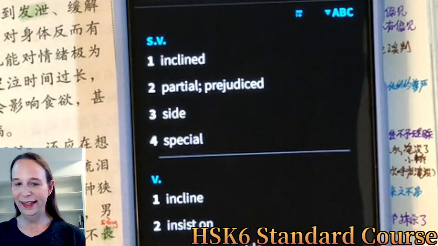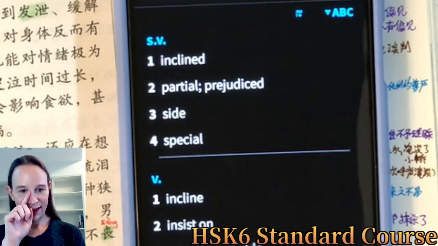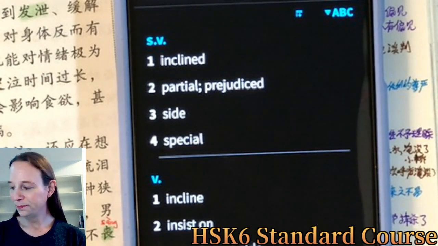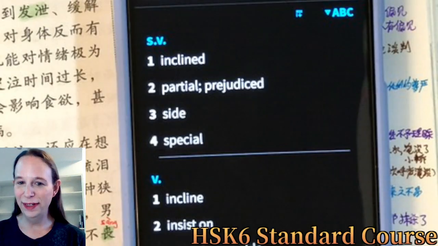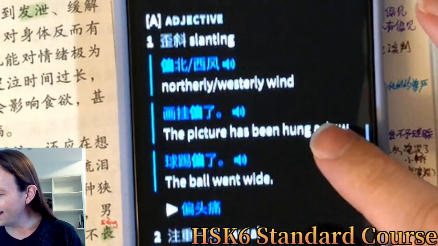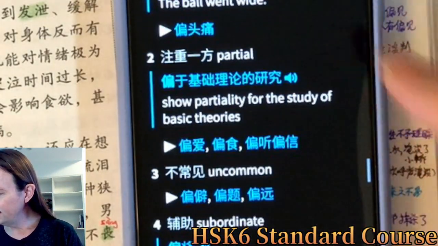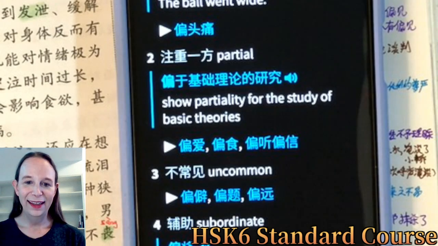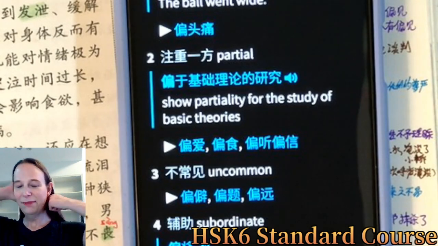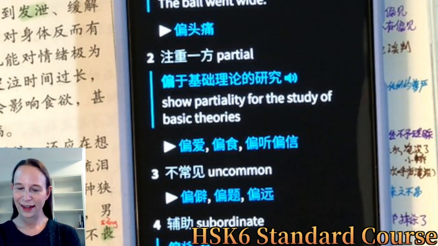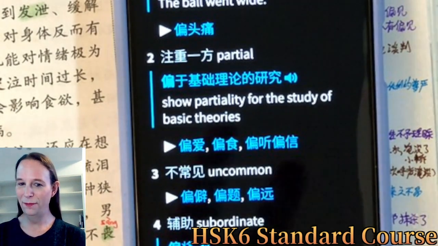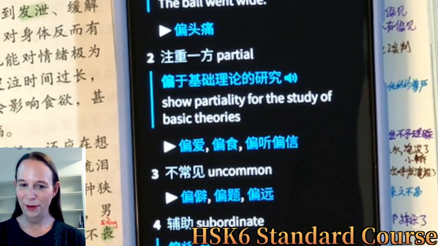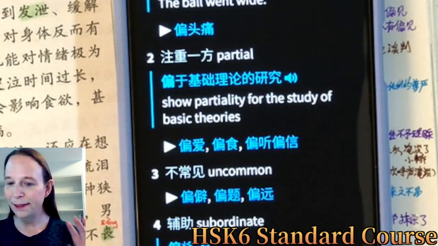You use it in mathematics to mean a partial blah blah blah, like a partially filled matrix, that sort of thing. This one, 注重一方. Okay, so maybe that usage in mathematics is not from the Chinese language, but imported from mathematical usages. So we'll put that aside.